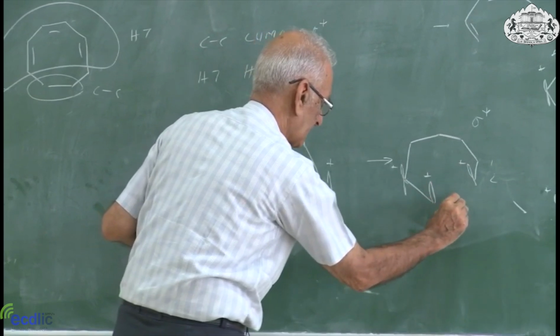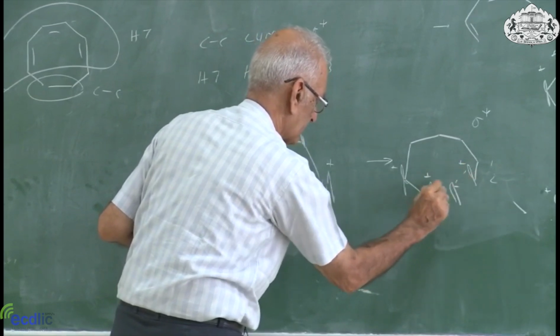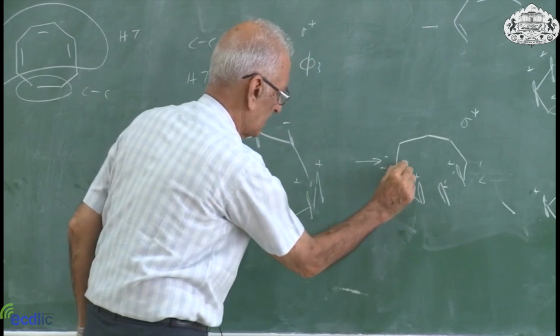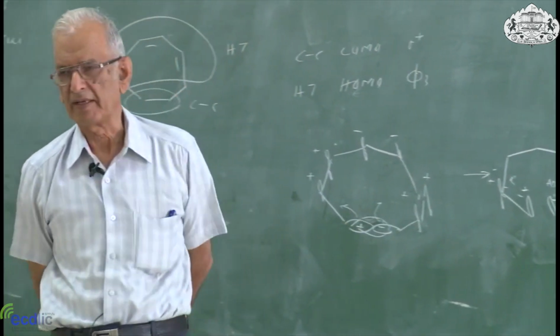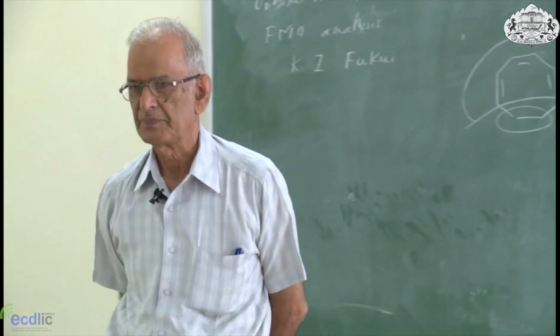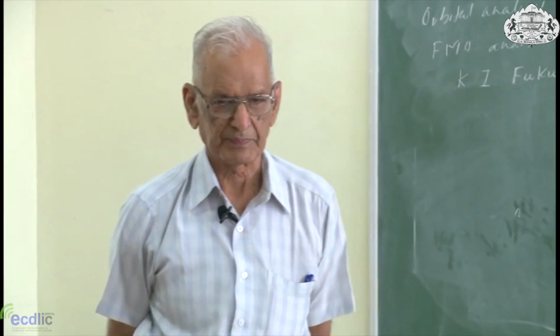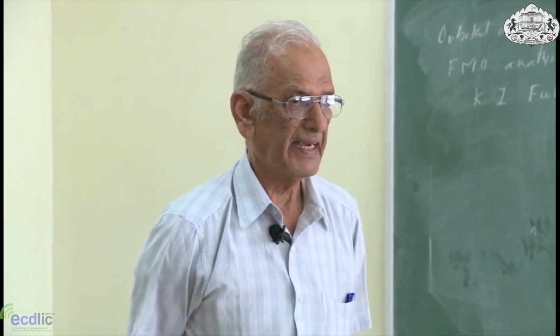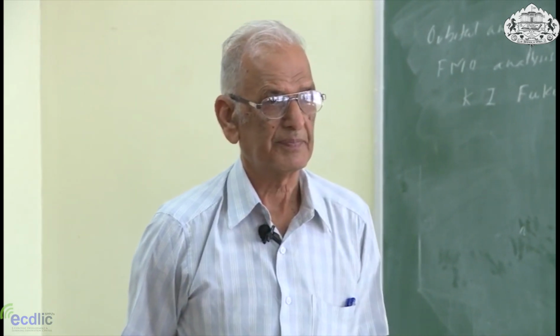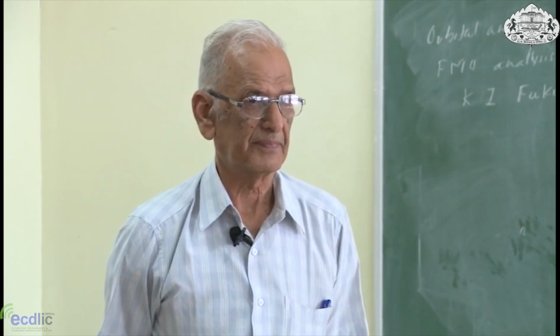This is plus and this is minus. One bonding, one anti-bonding. Therefore, in the 8 electron system, this rotatory is disallowed.